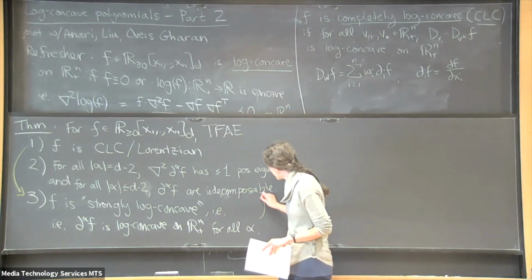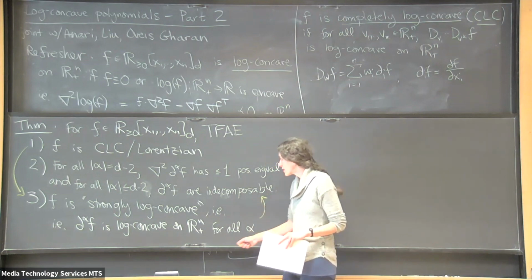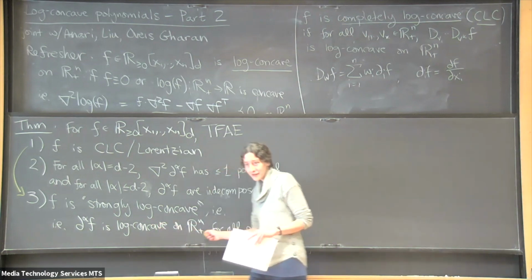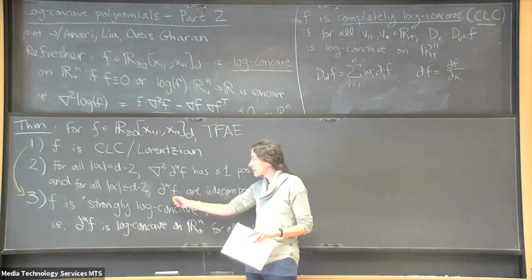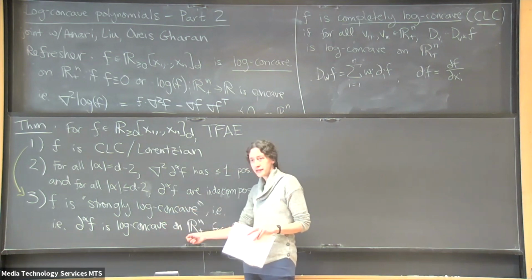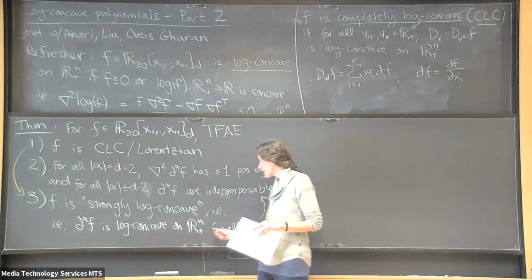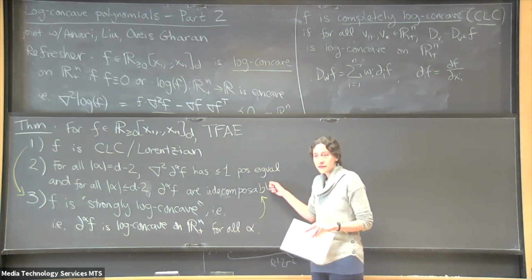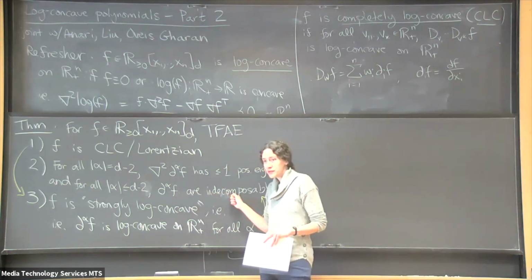And so you don't need any such assumption. If you know that all of the derivatives are log-concave, here we're only using the ones where we take derivatives down to a quadratic. And here if I say I know all of the derivatives with respect to coordinate directions are log-concave, that's enough. That will imply that all of these are indecomposable.